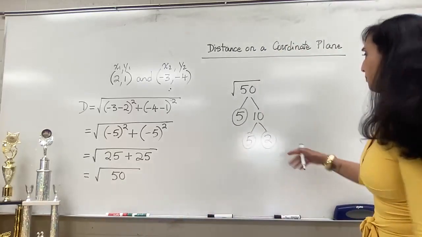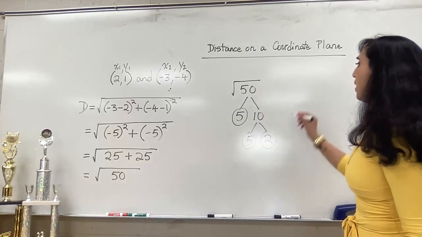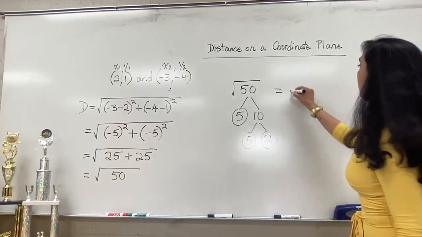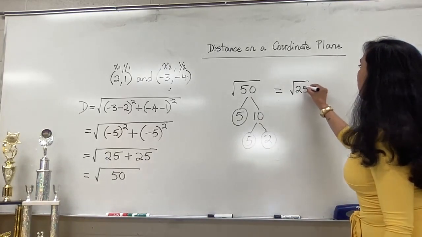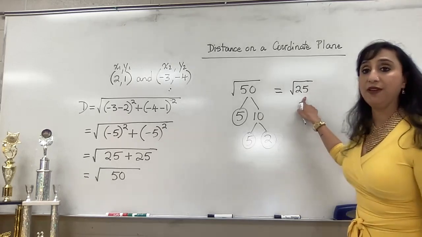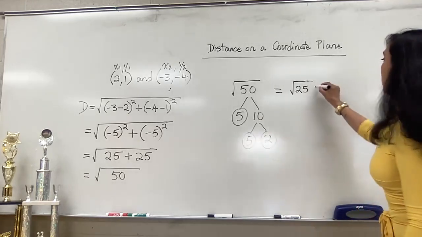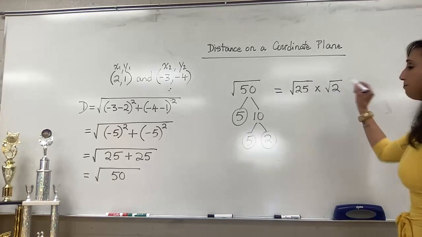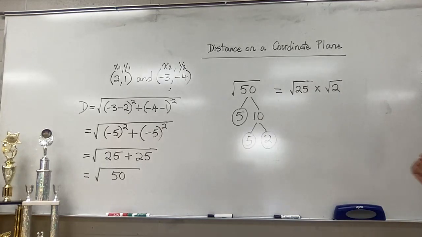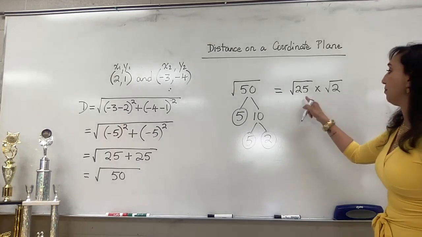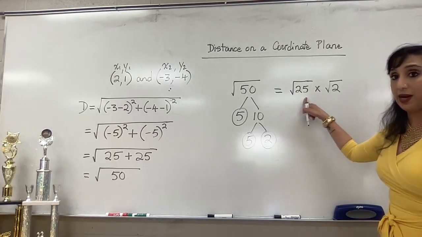Therefore, I'm going to break this apart into the square root of 25, which gives me 5, times root 2. Then all I do is remove the square root, because 5 times 5, or 5 squared, is 25.